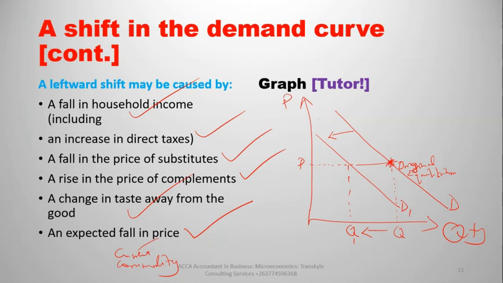The expected fall in price would mean that customers would wait to buy it now and then start to buy it later when its price has actually reduced. So in the meantime, they will just have to wait with their money, waiting for the price of the good to be reduced. Or it can be an expected fall in the price of the substitute.